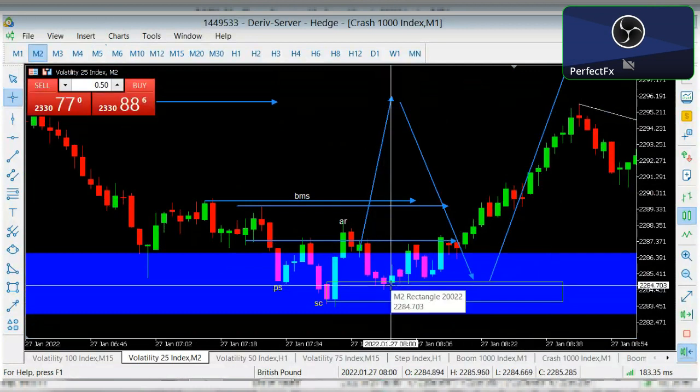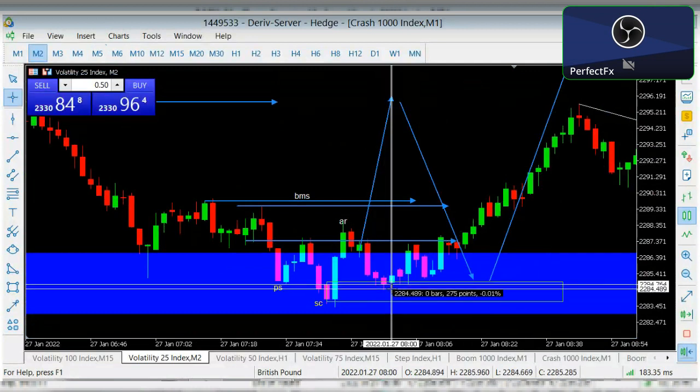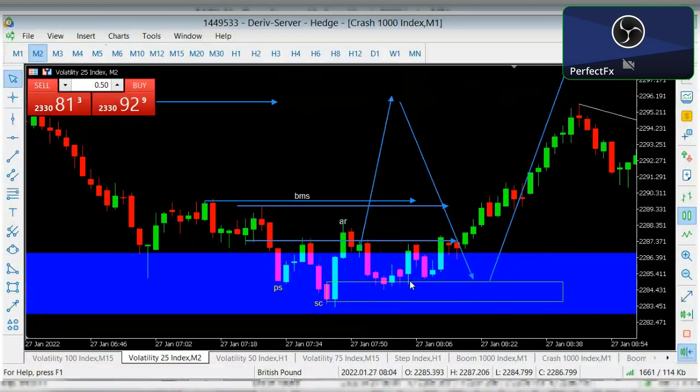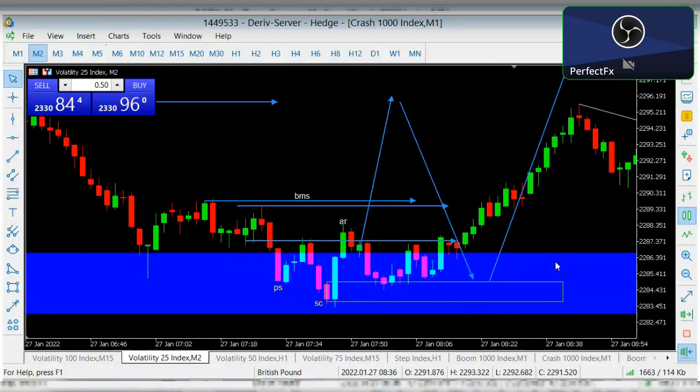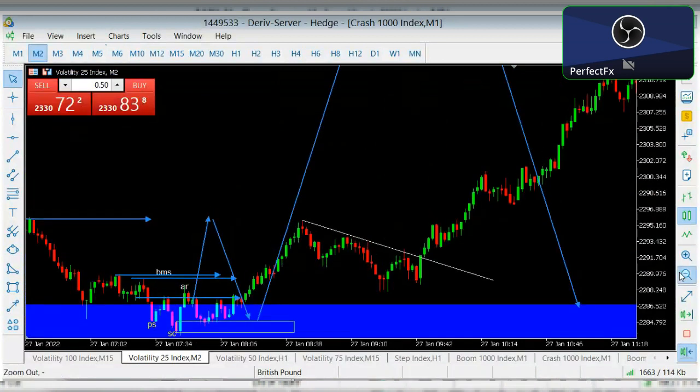Can you see? This wick is just about 0.2 pip to the downside. The drawdown was about 0.2 pip before the market continued to push to the upside.